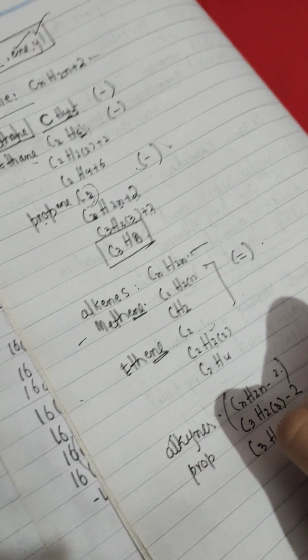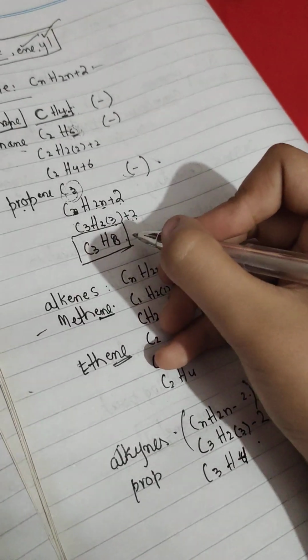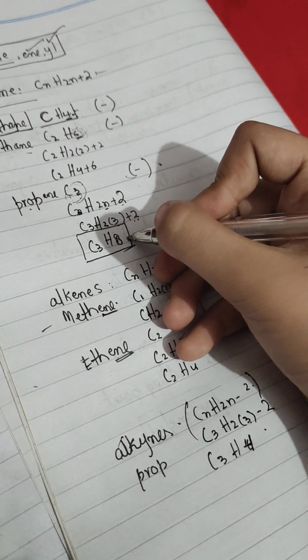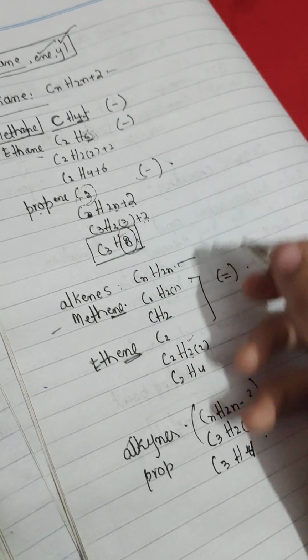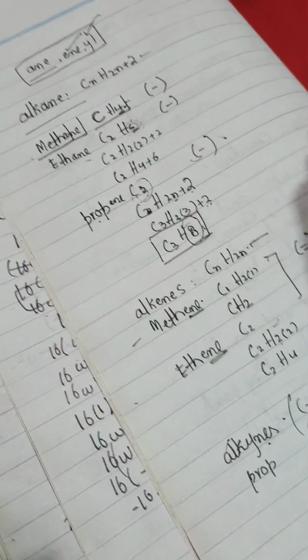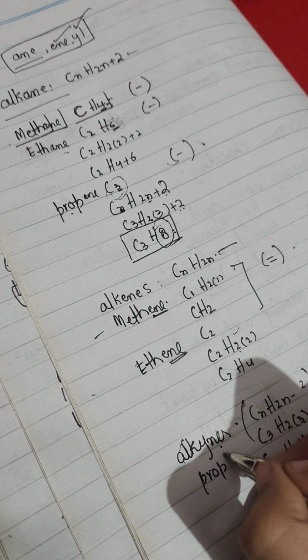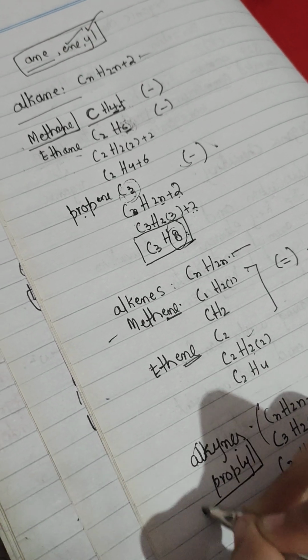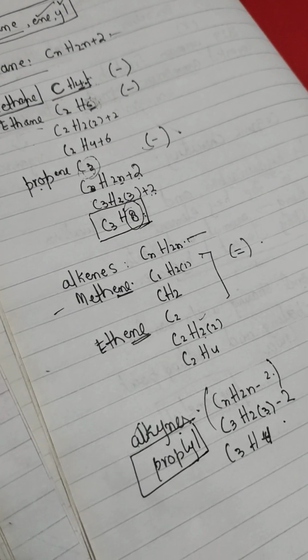So you may see that if we use 4 hydrogens in alkynes, it will be propyne. Okay, so I hope you got it, and I'll explain more in the next video.